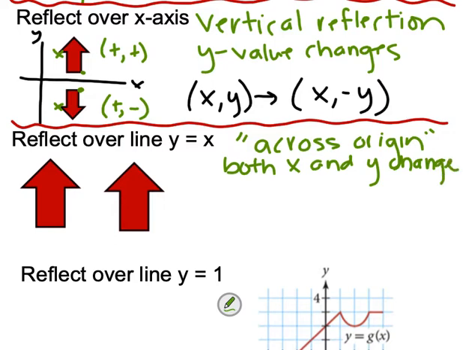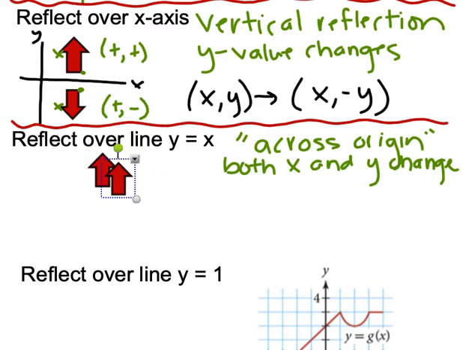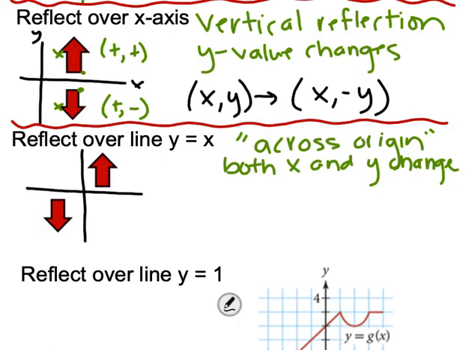I'm jumping a little bit ahead. Let me give you a picture of that. If your original started in quadrant 1, its reflection across the origin, or its reflection over the line y equals x, would look like that.